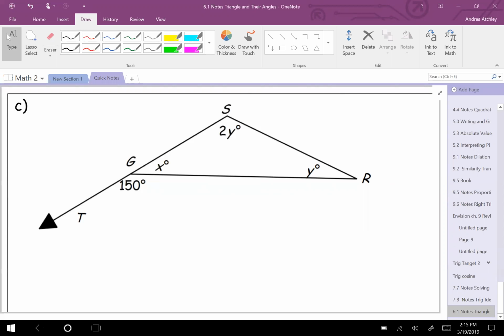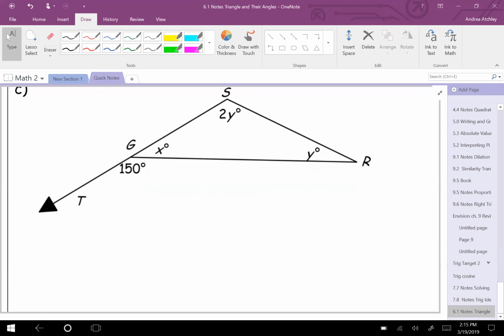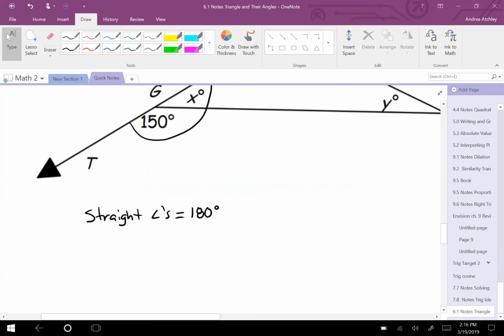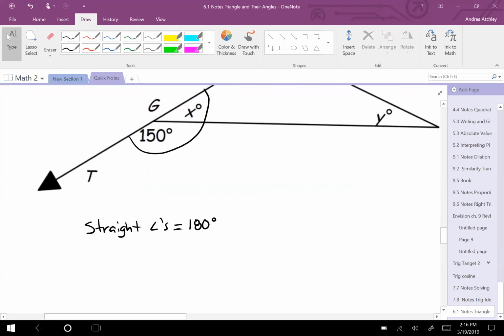Very good. Okay, so to find the x here, we can use that this is a straight angle. Okay, the two angles together form a straight angle. So you would just have x plus 150 equals 180 degrees.